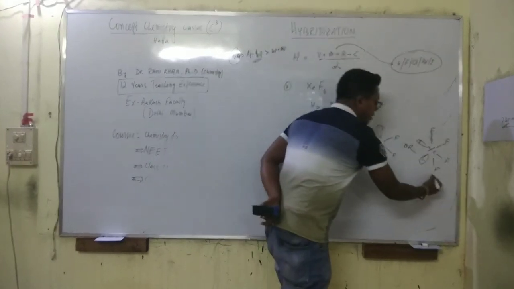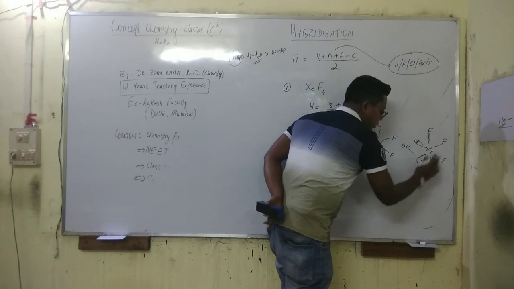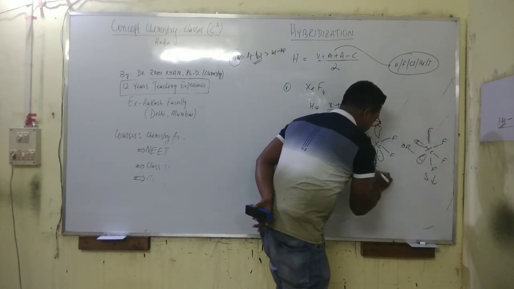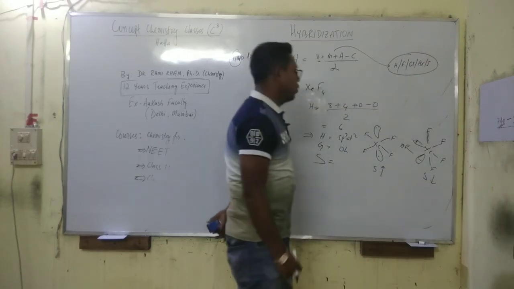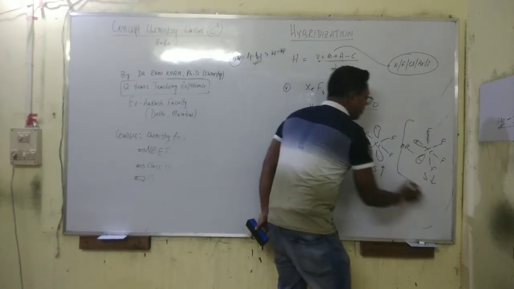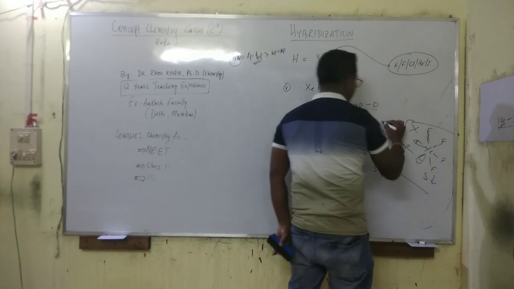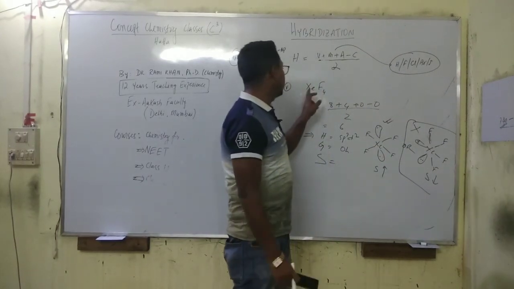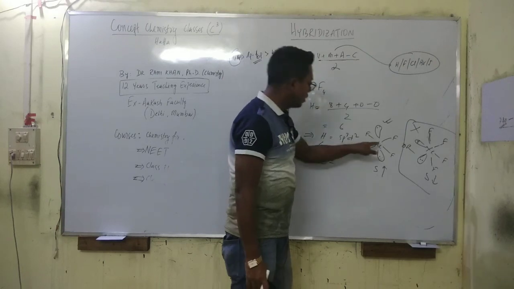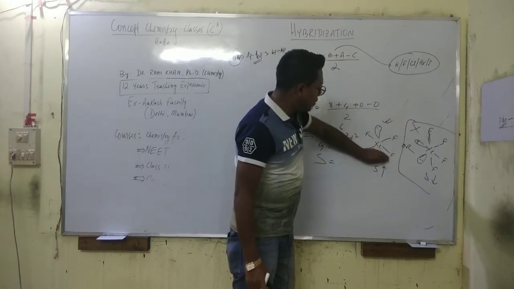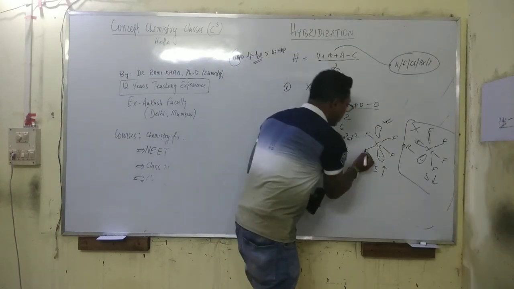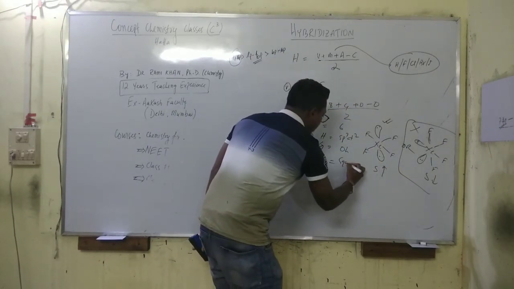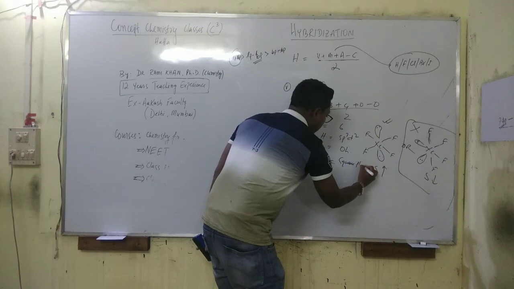So this has higher repulsion, which implies stability will be less, and this will be more stable. So this can be neglected, we'll choose this one. So the shape of XeF4, without these two lone pairs, only the bond pairs, will be square planar.